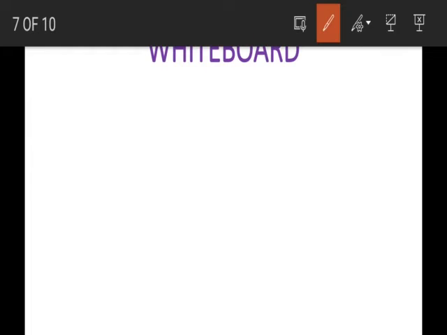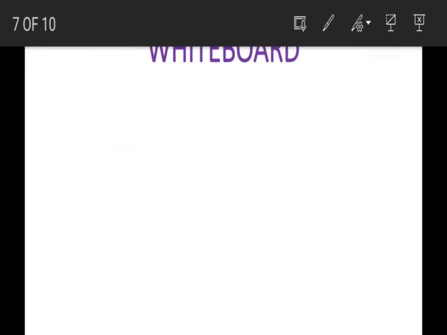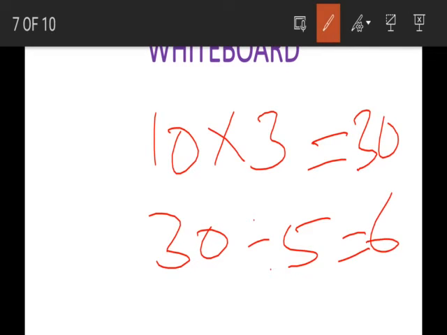To get your 6, what you do is 10 times 3, which is worth 30. Then 30 divided by 5 will give you your 6. That was how it was gotten.